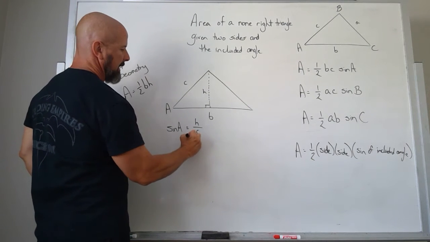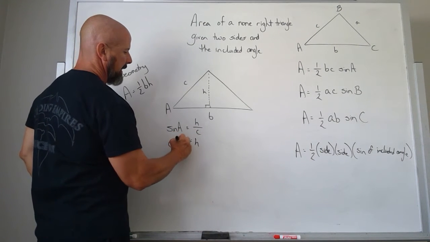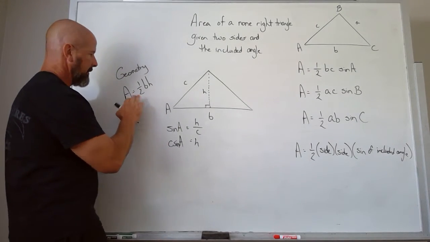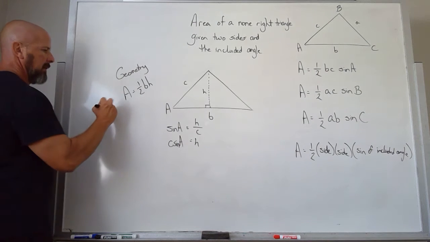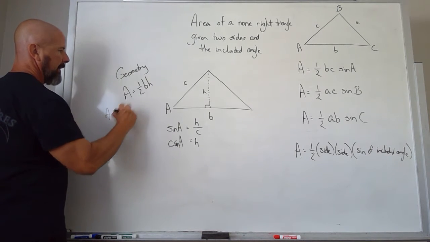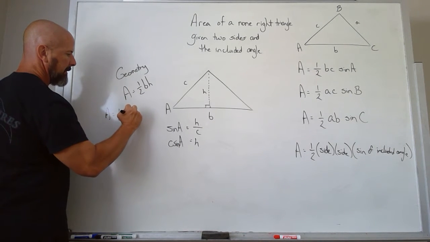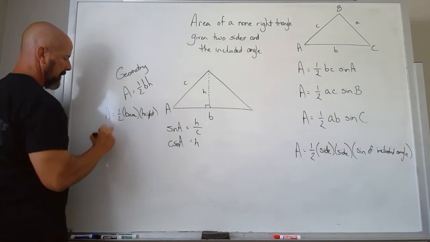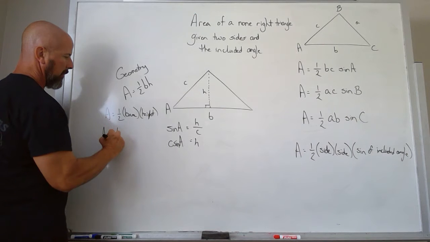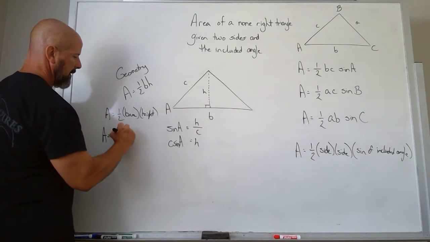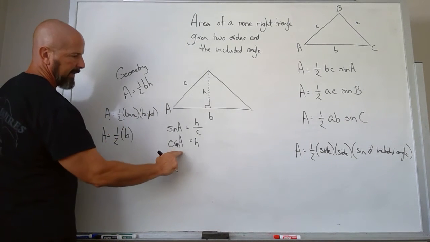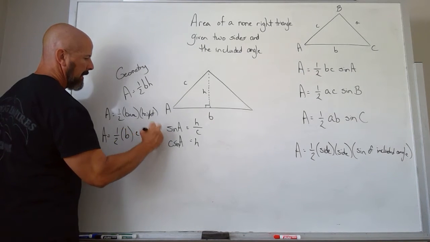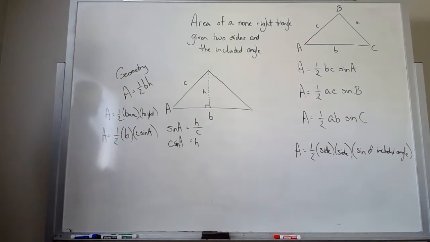That means the height is C sine A. So if I compare this back to the geometric formula, which was 1/2 base times height, here in trig it's 1/2, the base is B, and the height, if I solve for H, is C sine A, and there's where that top formula is coming from.